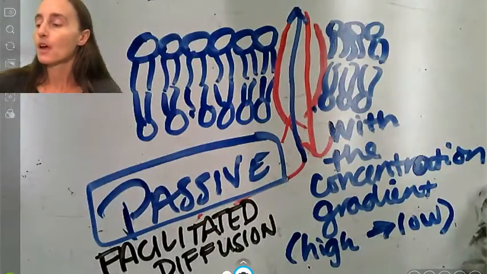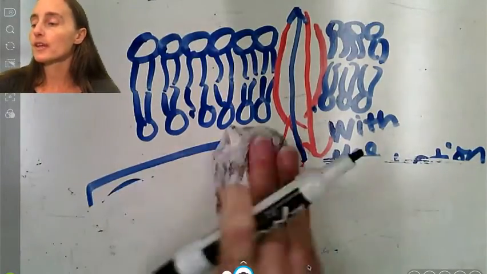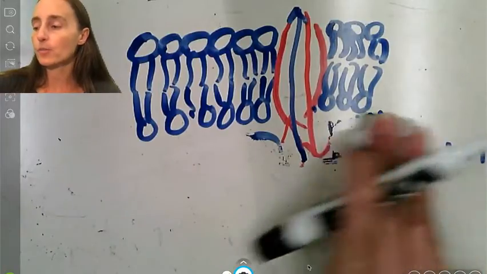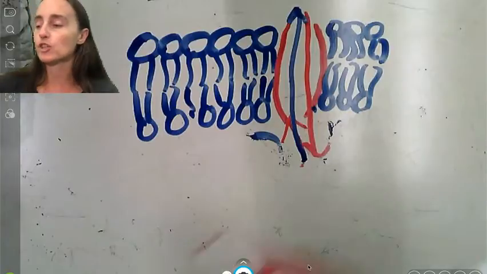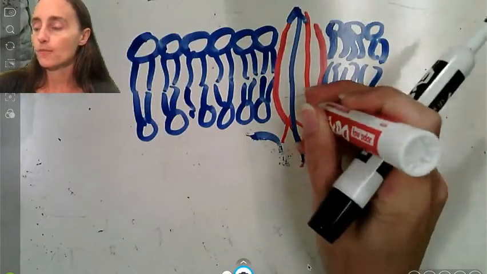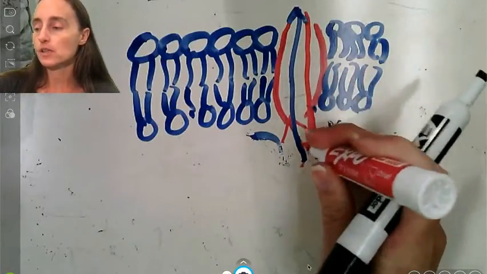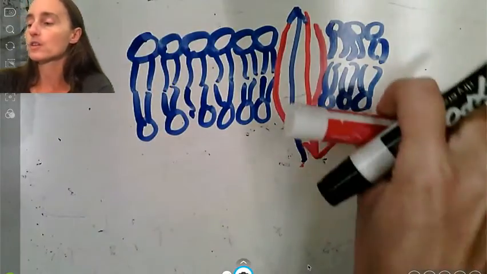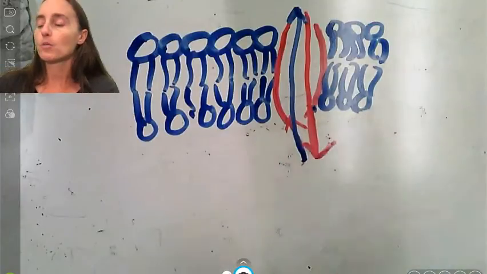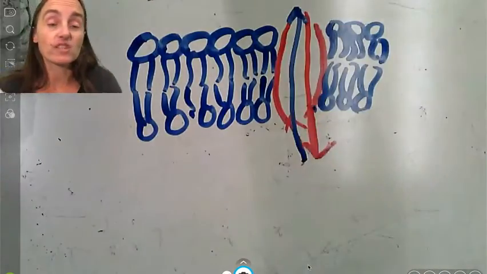Okay. So that's kind of cool. So then I said water was different because water is special. Water has a special protein channel just for it. Now, water is kind of special because it's so important. Like we have to have water and we have to have it all the time. But water has to move with its concentration gradient.